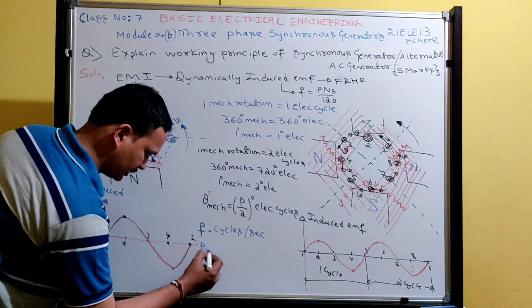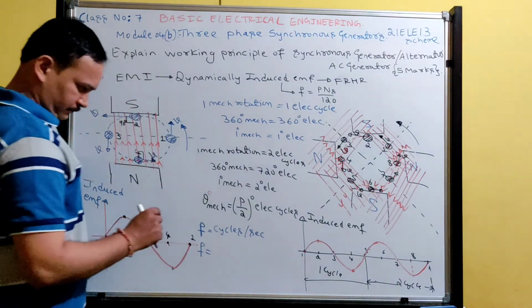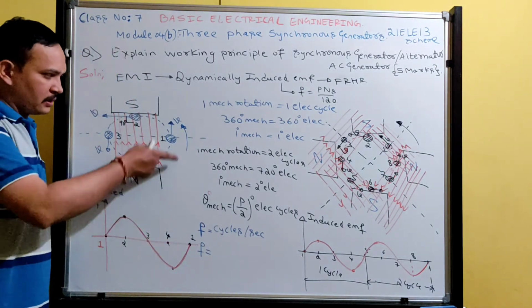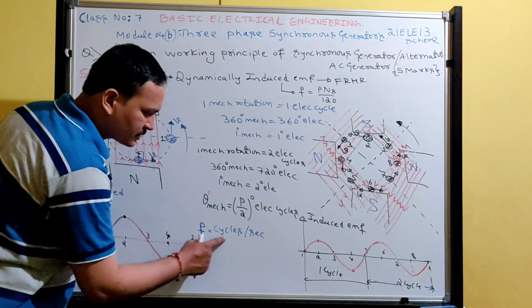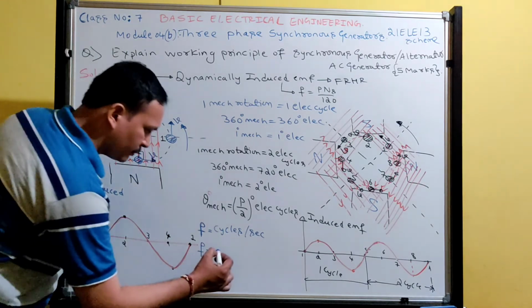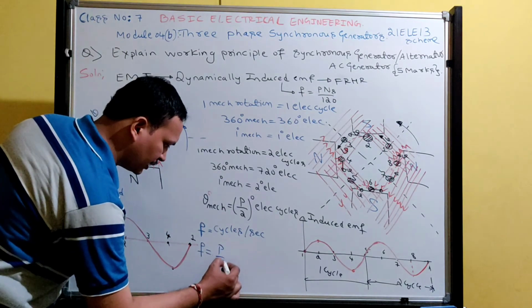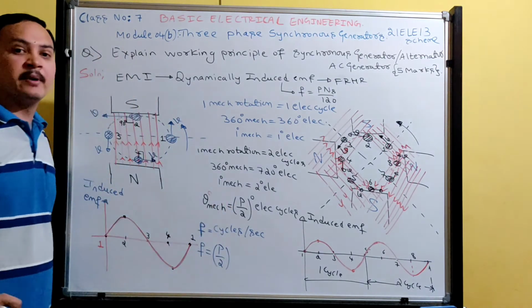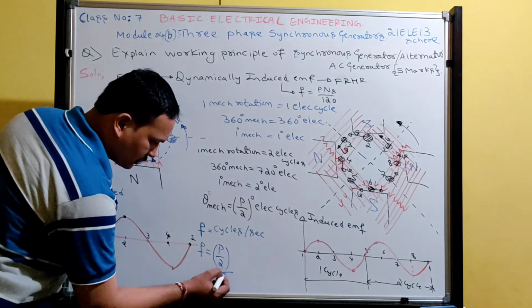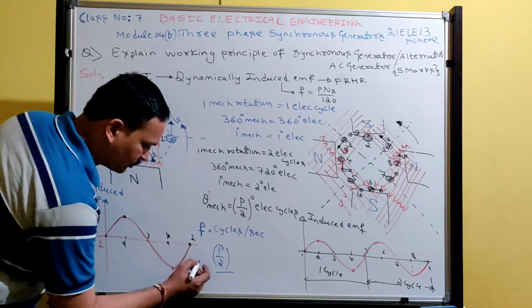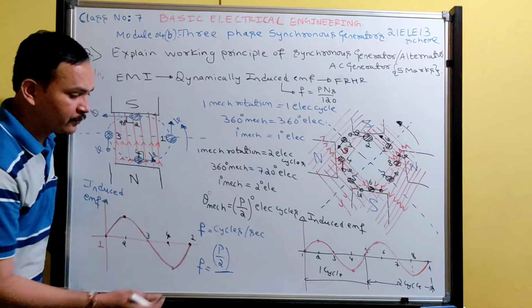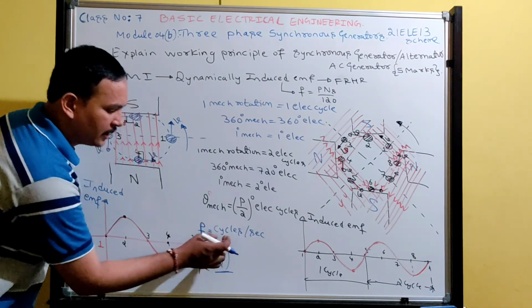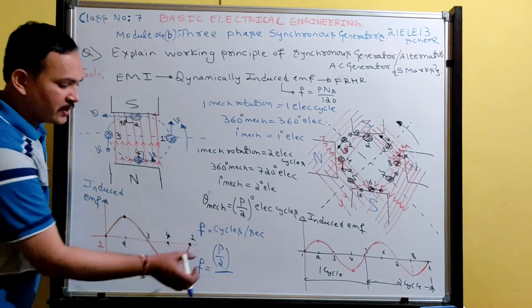So now frequency is equal to, assuming the conductor is rotated 1 revolution, 1 mechanical rotation is equal to how many cycles? P by 2 electrical cycles. And what is the time taken to complete this many cycles?